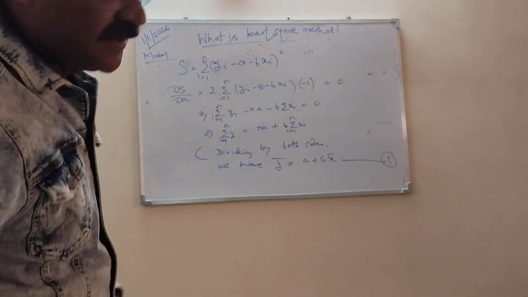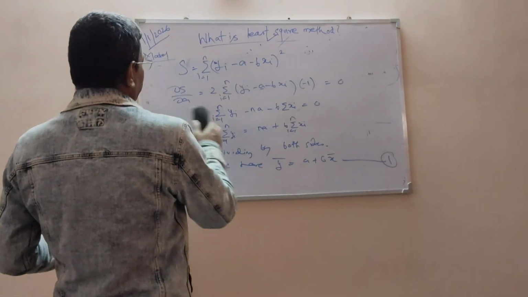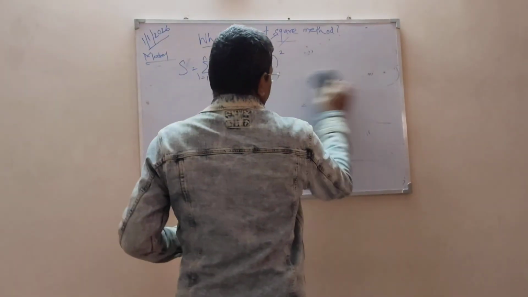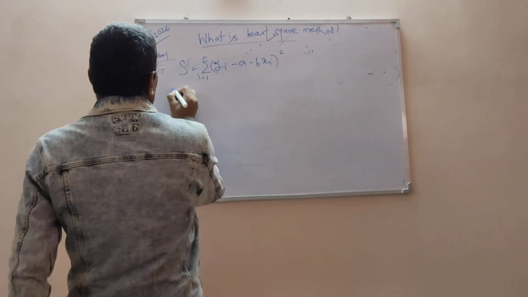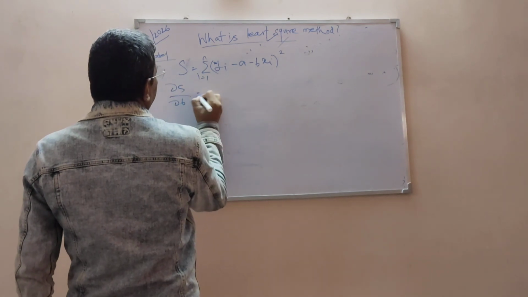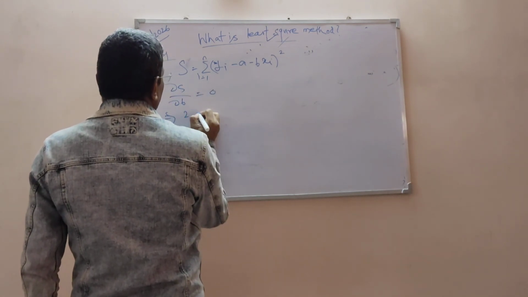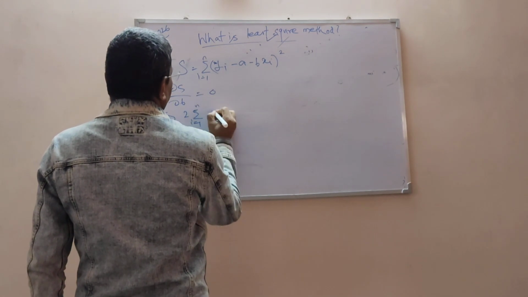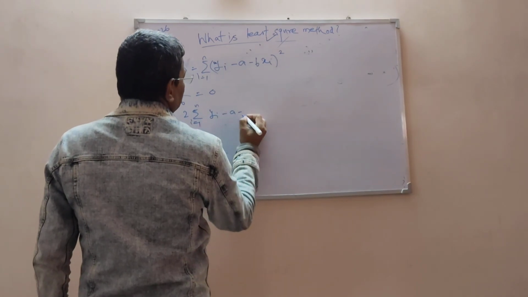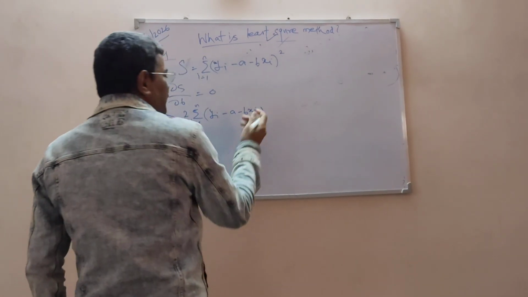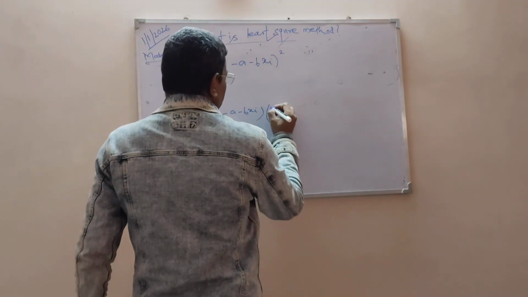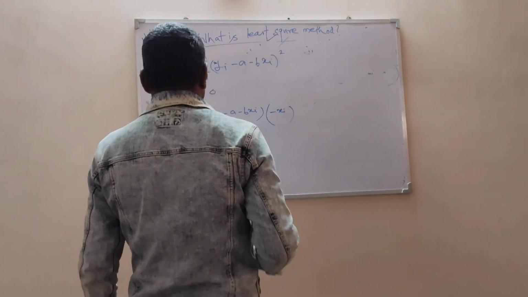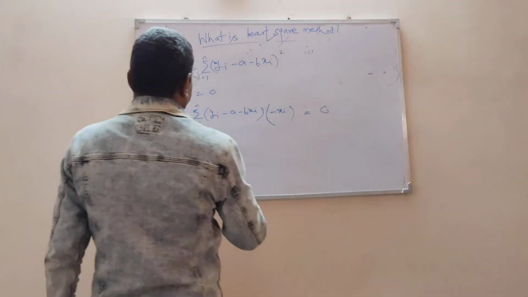Now this is the first normal equation I got from dS by da. Similarly, from dS by db, I will get another equation. What's that? dS by db equals 0 gives 2 times the summation of yi minus a minus b xi, and then I have to differentiate b xi with respect to b, which gives minus xi, and that equals 0.